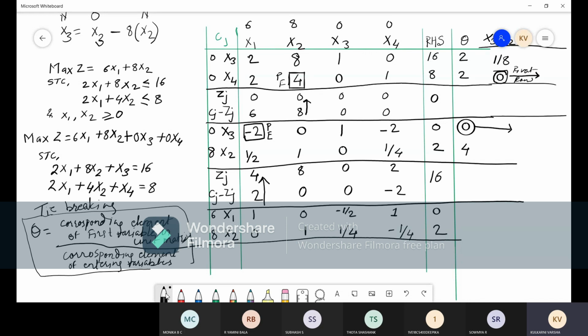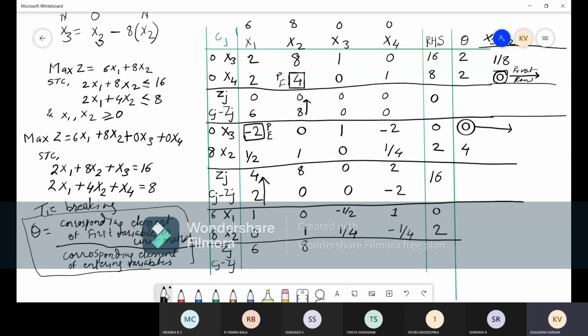Let us quickly go for Zj, and let us go for Cj minus Zj. Right? So 6 into 1 plus 8 into 0, so it is 6. 6 into 0 plus 8 into 1, so it is 8. 6 into minus half, so it is minus 3, plus 8 into 1 by 4, so it is 2.